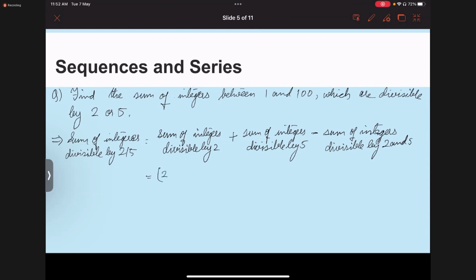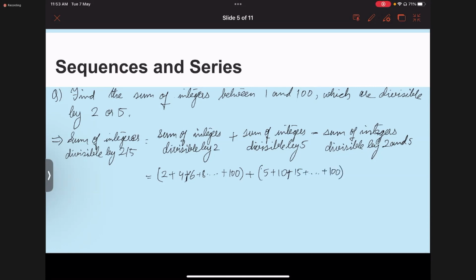It will start with 2, 4, 6, 8, all the way up to 100, the last term that will be divisible by 2. And now we have to take the sum of the integers that are divisible by 5. So it will start with 5, then 10 plus 15 plus all the way up to 100.